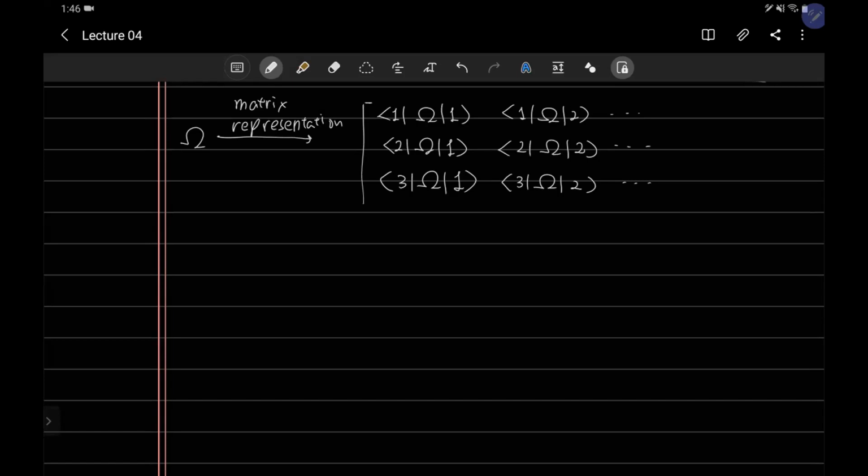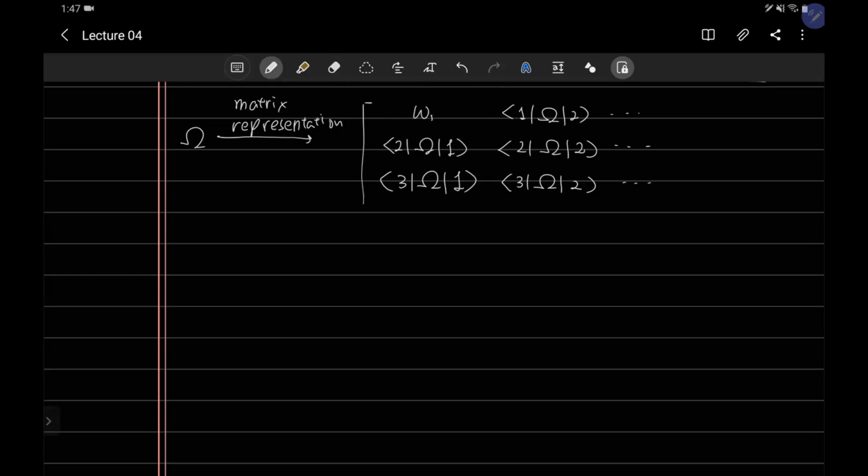Then it should be obvious that, because this operator is being applied to the first eigenvector, it will turn into omega sub 1 times 1. And omega 1 is just an eigenvalue, and 1 and 1 are normalized. So eventually they will just become 1, and the remaining value will be omega sub 1, something like this.